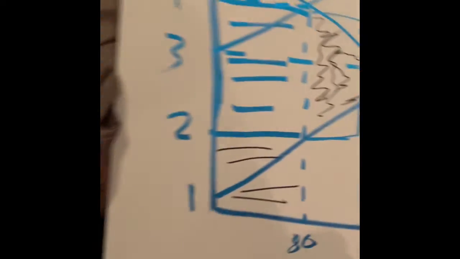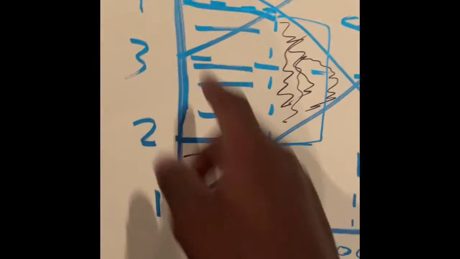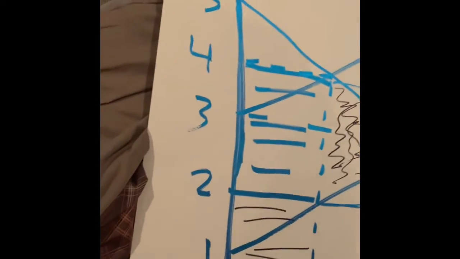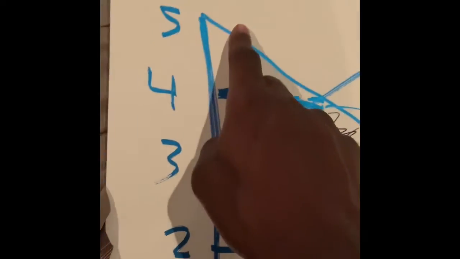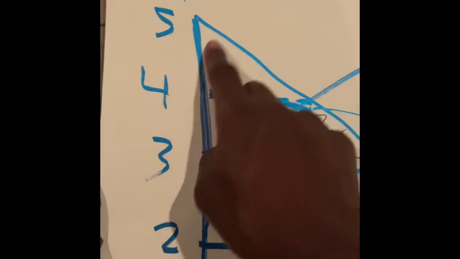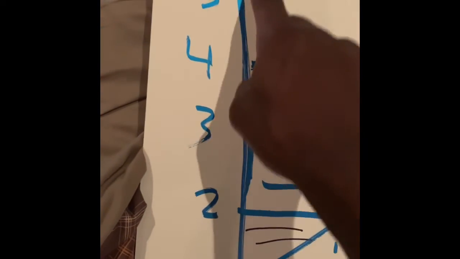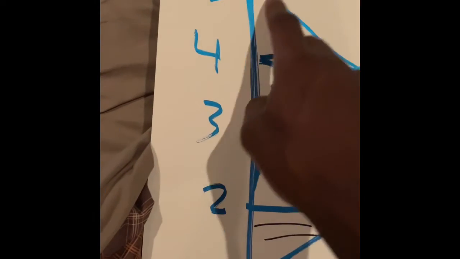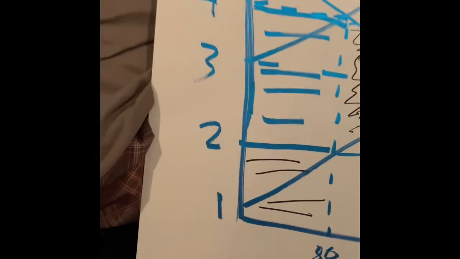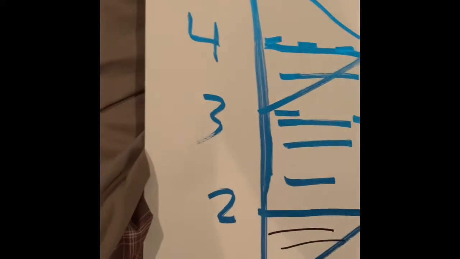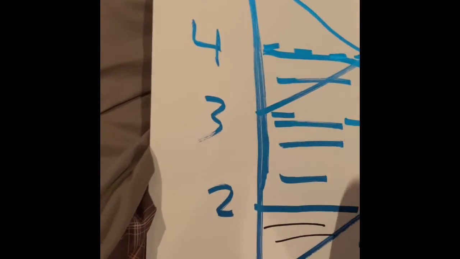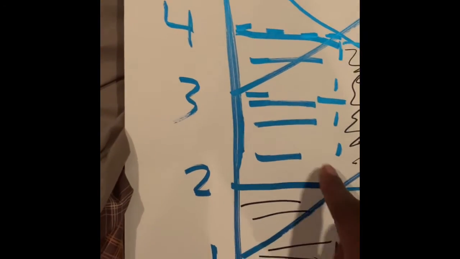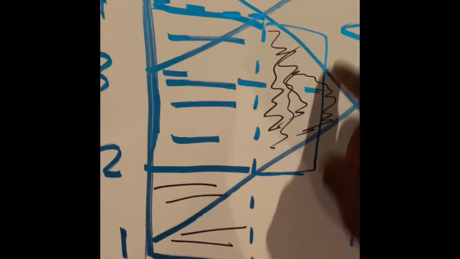This also affects producer and consumer surplus. As you look right here, it went from here to now here. Same thing here. It went from here to here, which now creates dead weight loss right here.